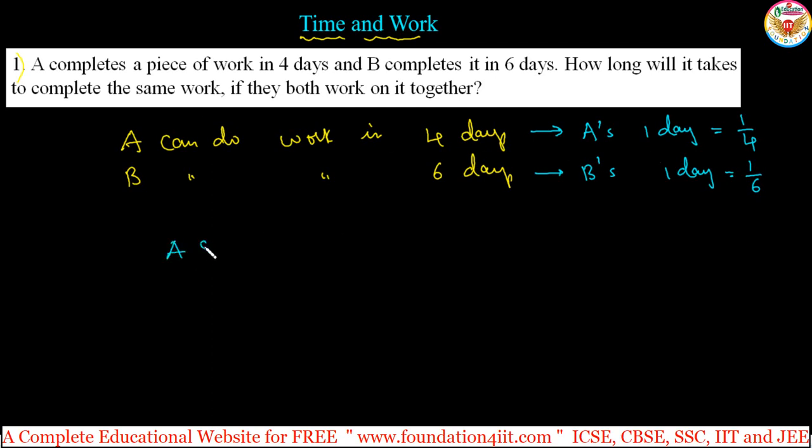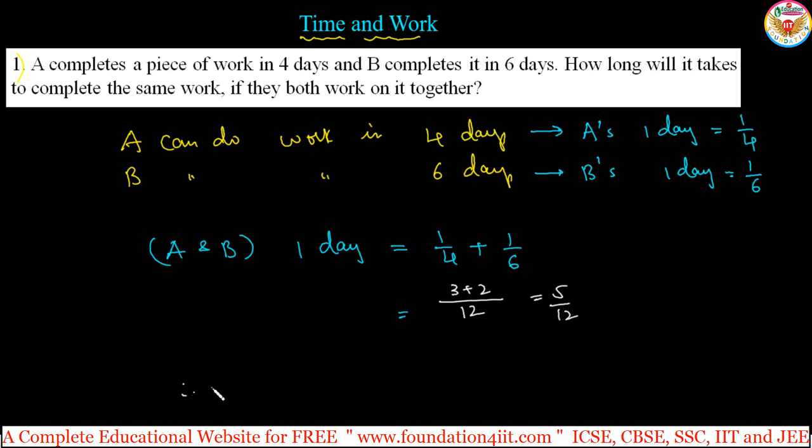That means A and B together 1 day work: 1 by 4th part A is able to do, 1 by 6th part B does, so we need to add this. So 1 by 4 plus 1 by 6. We can take the LCM, that is 12. 3 plus 2, right? So 5 by 12th part of the work they can do in one day.